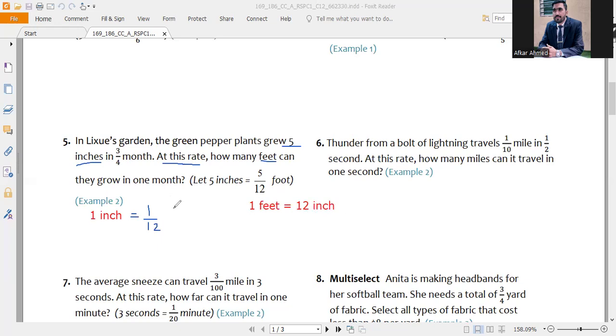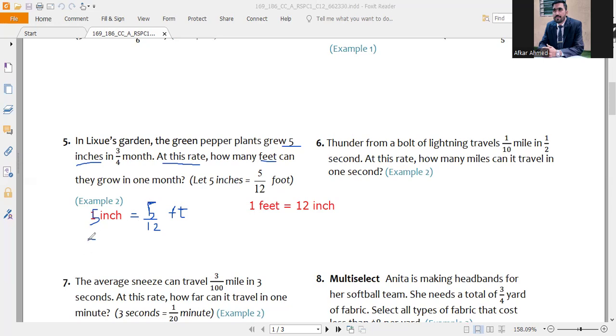You find that in 1 inch there are 1 over 12 feet. Now if I want to find it for 5 inches, I will just multiply this number by 5. 5 inches will be equal to 5 over 12 feet. Simple.